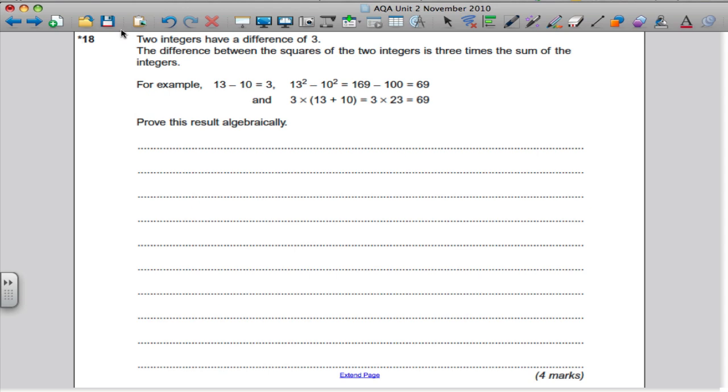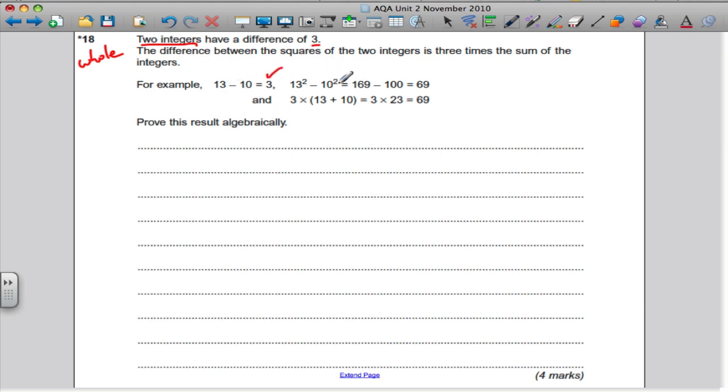Okay, question 18. Two integers, again integers, whole numbers, have a difference of 3. The difference between the squares of the integers is 3 times the sum of the integers. So for example, if you took the numbers 13 and 10, if you subtract them, their difference is 3.